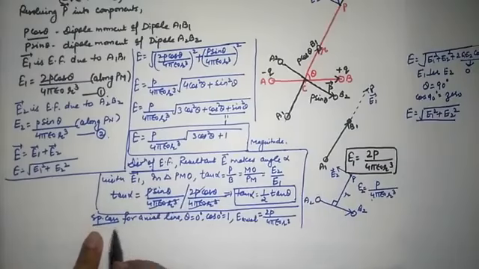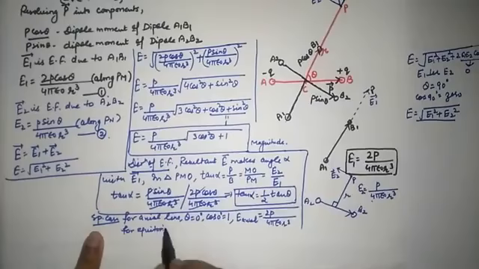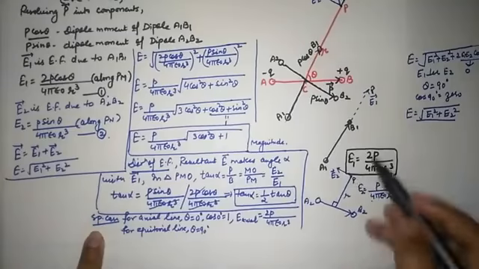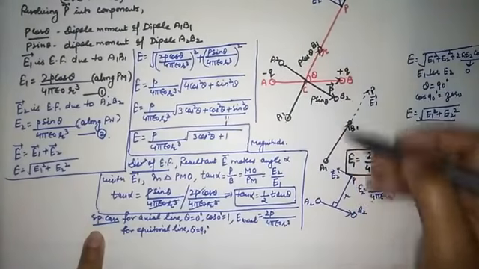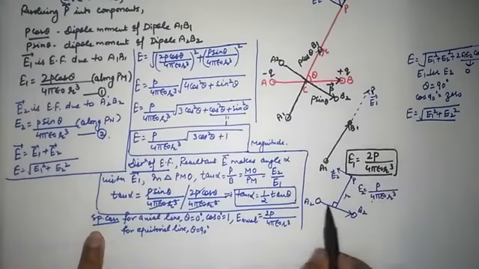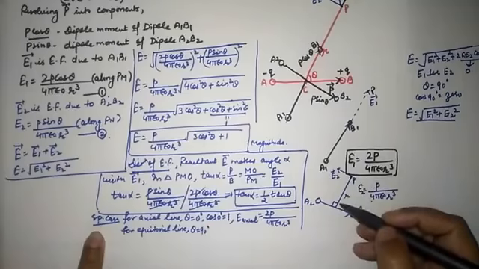And similarly we can say for the equatorial line, means if the point lies on the equatorial line, what is the angle? 90 degrees. Let's see how this is 90. Now this is a dipole and point P lies on the equatorial line. This is the direction of dipole moment. This is the direction of the position vector.